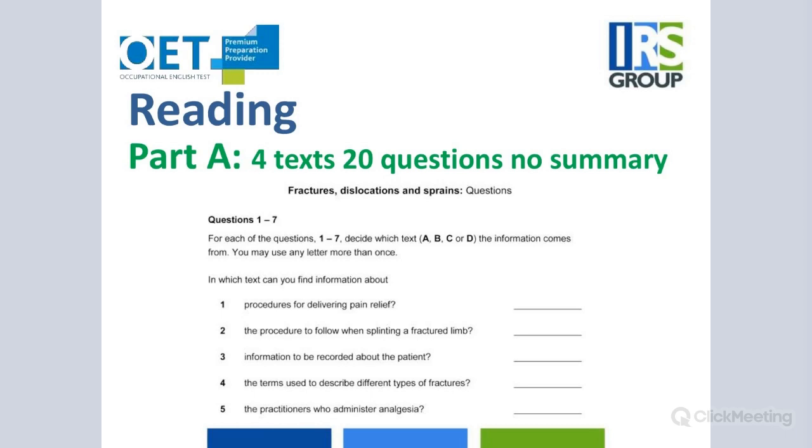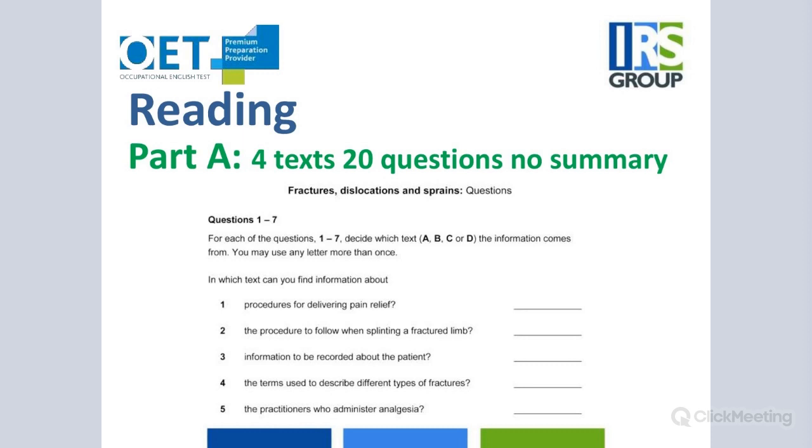For questions 1 to 7, you just have to write A, B, C, or D. Where can you find the answer to this particular question? That is what you need to write here. For example, the question is procedure for delivering pain relief.